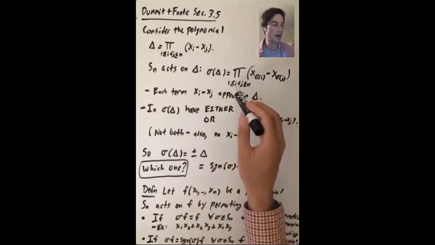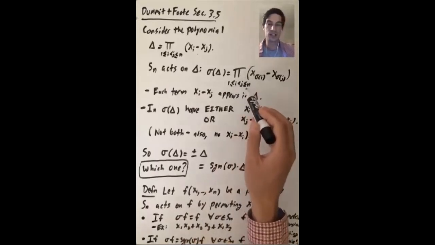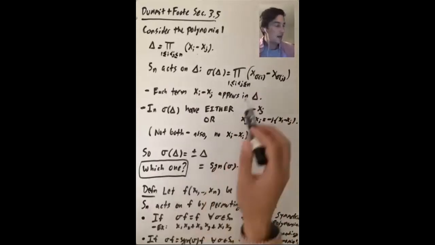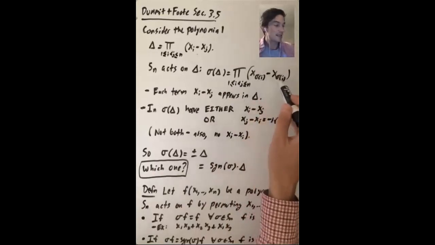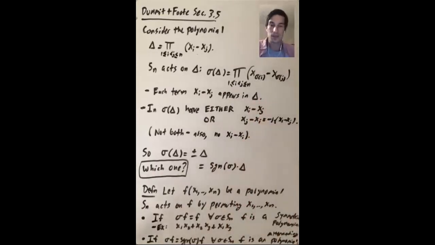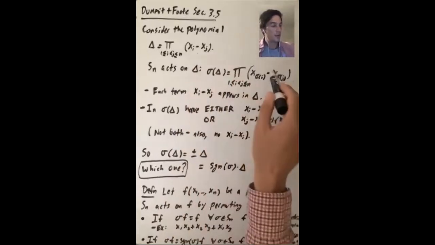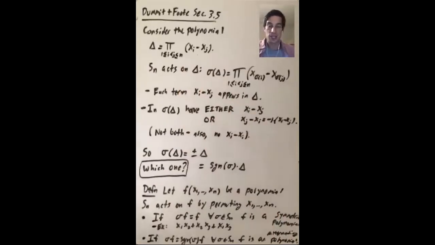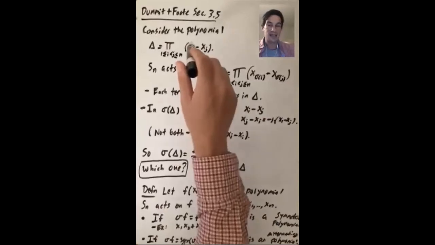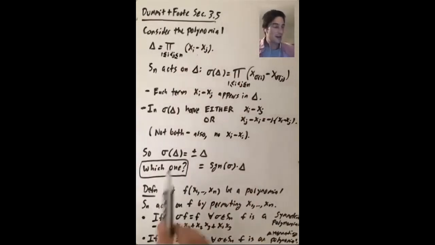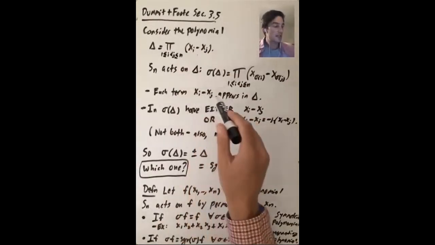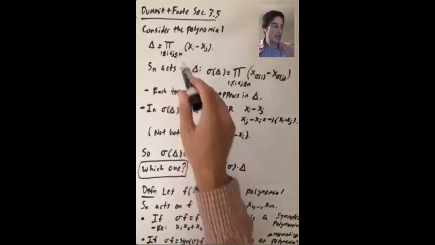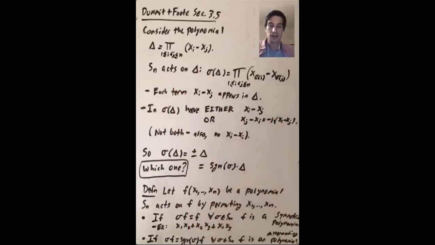So now we get this product over all pairs i less than j between 1 and n of x sigma i minus x sigma j. So the form of the terms in the product hasn't really changed. We still have these binomials, x something minus x something else. And every term, xi minus xj, where i is less than j, appears in delta.